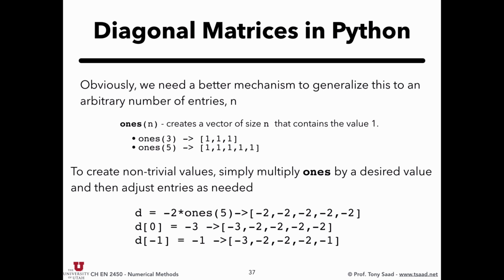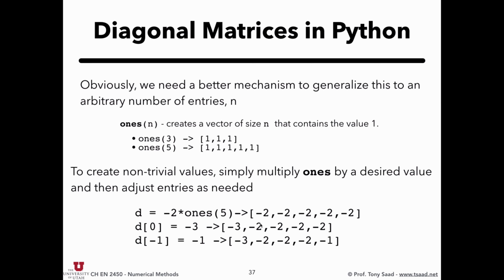So d[0] is the first entry, d[1] is the second entry from the left. Now, if you use negative entries, -1 gives you the last entry, or you start indexing from the right. And so d[-1] gives me access to this last entry over here, and then I change it to -1. I could do d[-2]. It gives me the second entry from last, and I can change that as well if I need to.